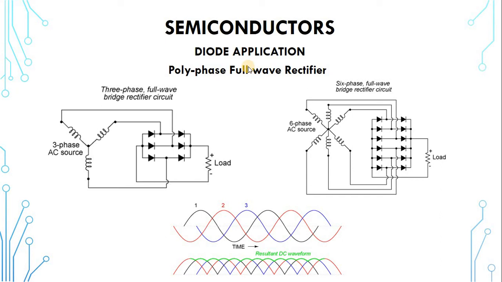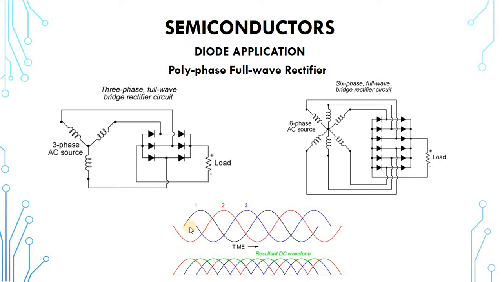So let's look at this. Already with the behavior of the 3-phase, you can see phase 1, phase 2, phase 3. When phase 1 is supplying to the load, it rises and then it drops, and then phase 2 also, and then phase 3.